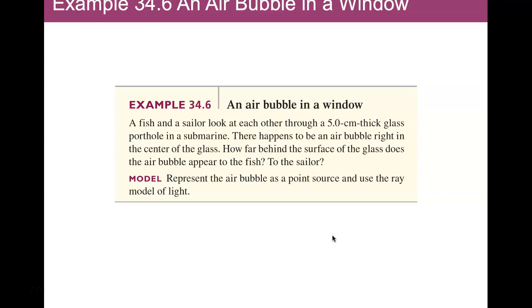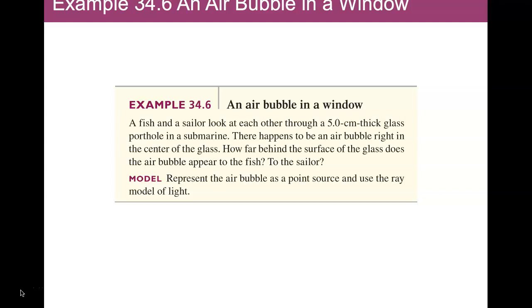And then there is an air bubble right in the center of the glass. The sailor, of course, is inside the submarine, so there's air where the sailor is. The fish is inside water. There's glass between them. And there is an air bubble inside the glass.